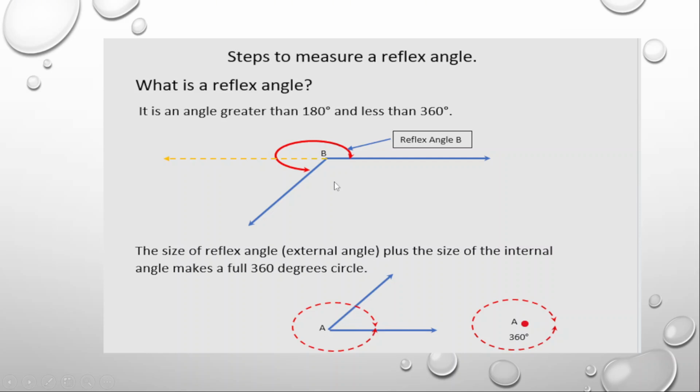Check again. From there, right around to there, is equal to 360. Here's another example. Right around the point, we have 360 degrees.